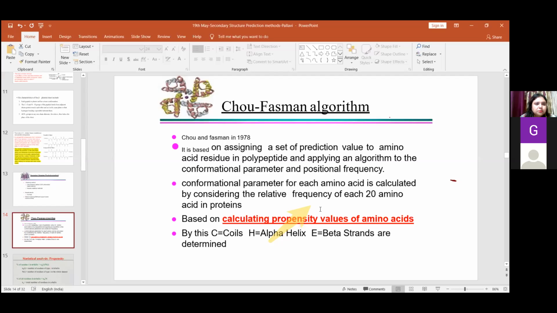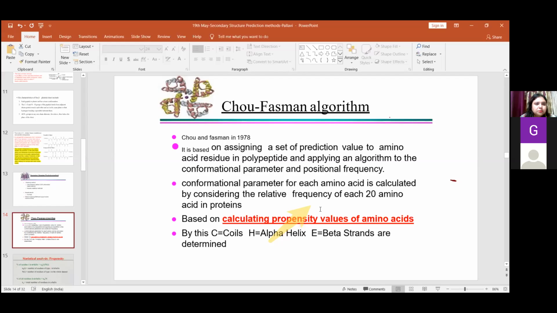Whether a particular amino acid, let's say alanine, is going to form an alpha helix, or a beta sheet, or a turn, or a coil? So how do we do it? In Chou-Fasman, as I said, it's a statistical method. We assign a propensity value to the amino acids. Now, what is the propensity value?